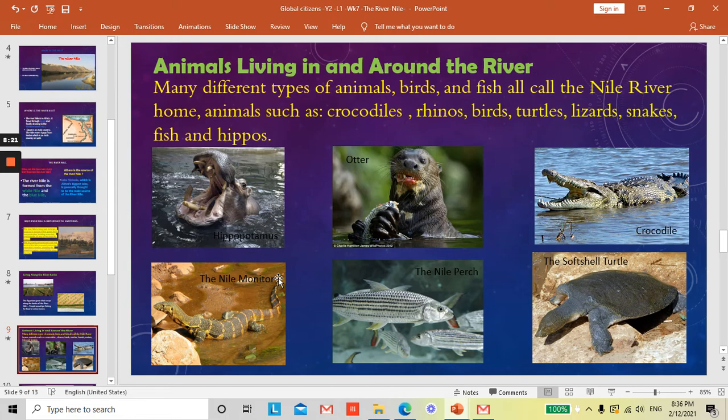As we can see in this picture, we have some animals that call the River Nile home, or live around the river. We have the hippopotamus, crocodile, the Nile monitor, the Nile perch, the soft-shell turtle.